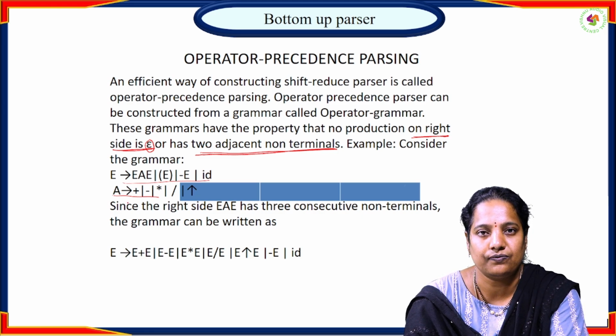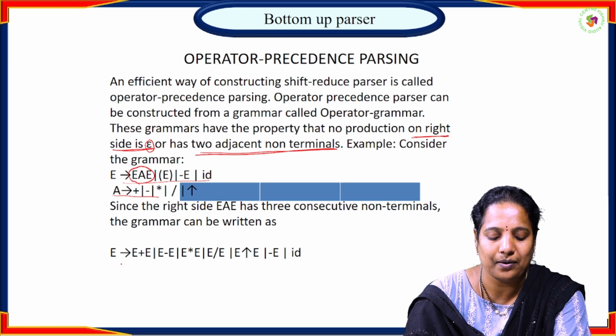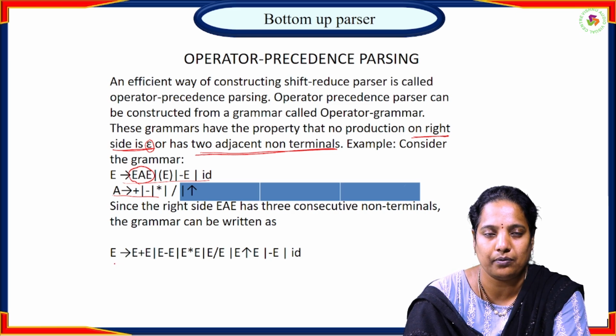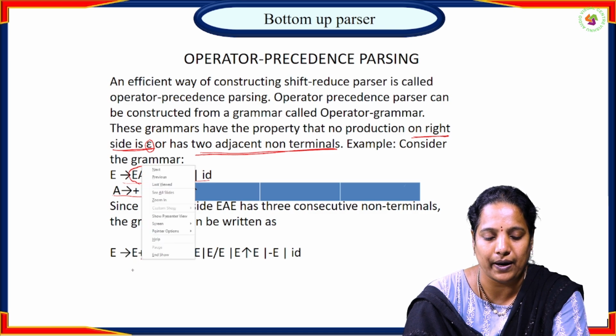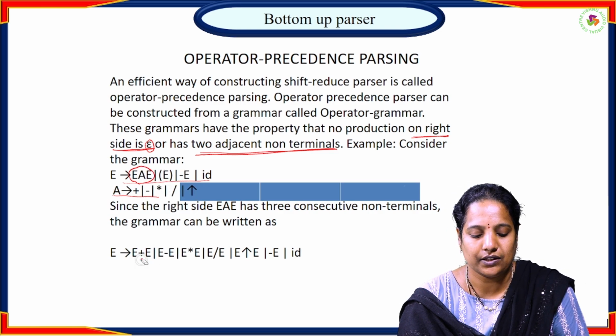When you observe the first production, E tends to E A E, on the right hand side we have three consecutive non-terminal symbols. In this case, it is not an operator grammar. We can convert this rule by replacing A. When you replace A, you get productions where in place of A we write plus, minus, star, division, and power.